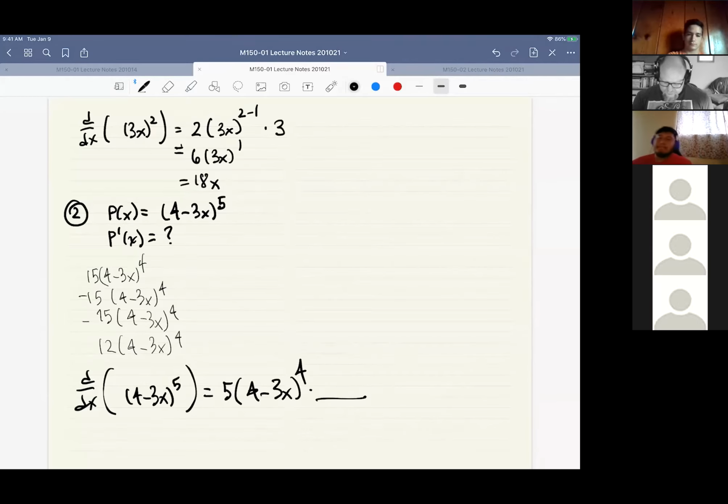Because there's something complicated in here, I know I've got to leave room for the chain rule. The chain rule says, what's the derivative of the inside? Term by term, the derivative of 4 is nada, and the derivative of negative 3x is negative 3. So that's where we get this negative 15. Okay, so that's the answer.